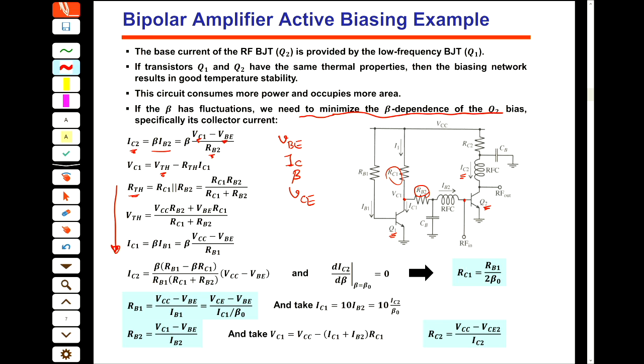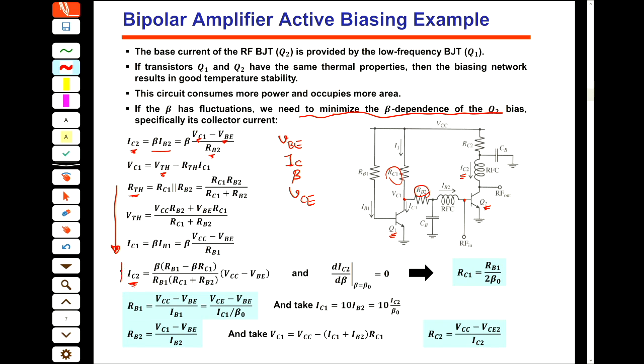The only thing that I want to say is that we said that we want to minimize the beta dependence of the performance. So to minimize that, when we find the relation of IC2 based on all these values and replace all these, you see that the equation for the IC2 is this equation.